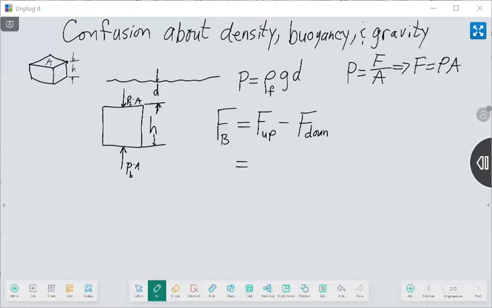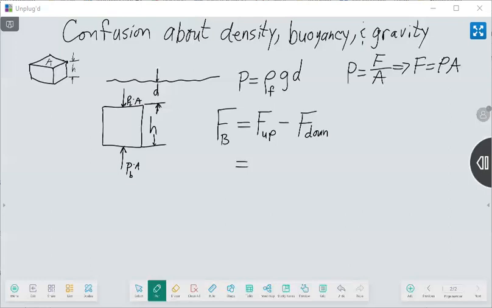And pressure is rho, the density of the fluid, times G times the depth. So what is the pressure pushing up?